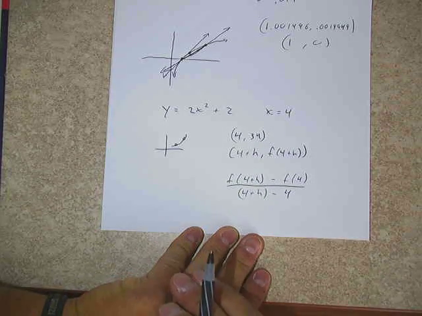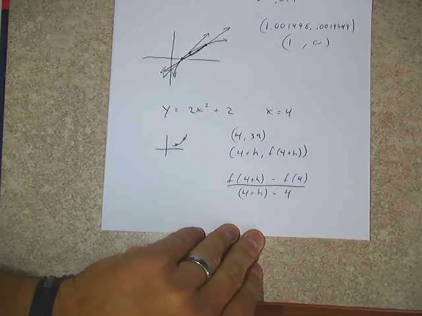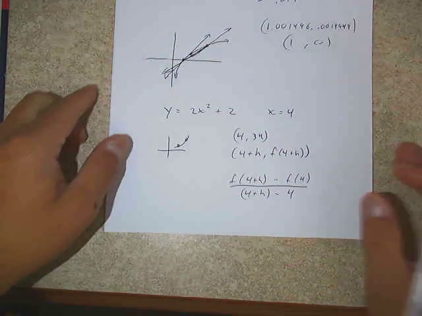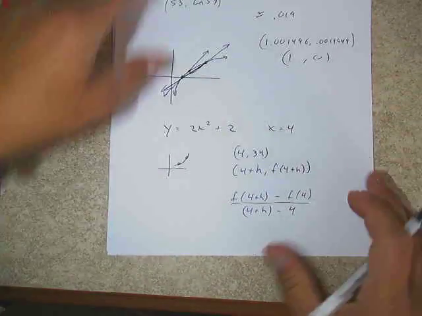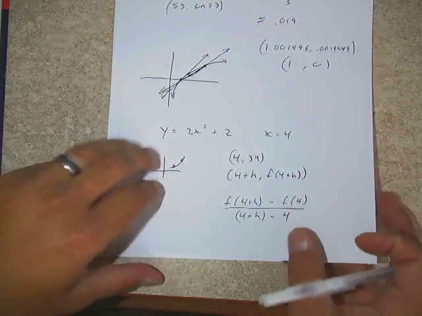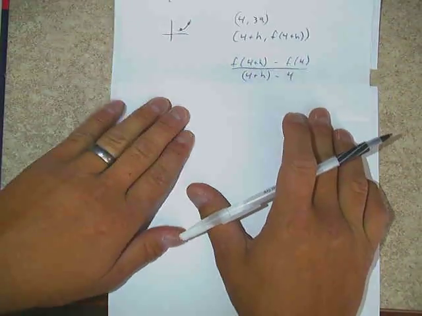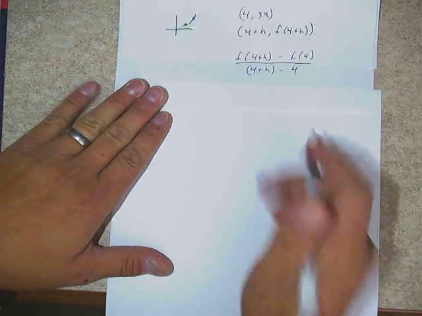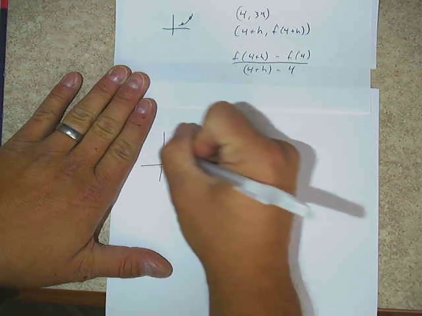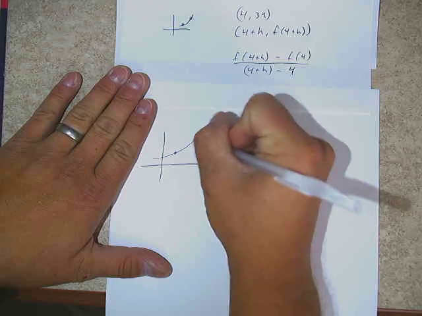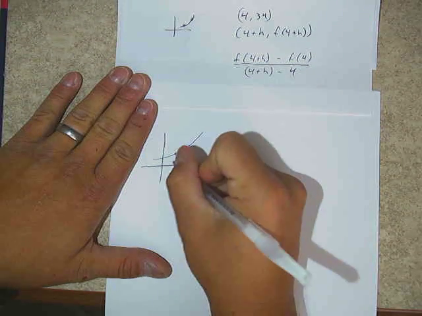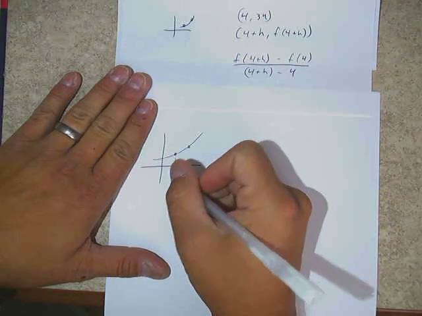But in general, this is the setup that we're going to use for any function at any point. We're going to put 4 plus h in, we're going to put 4 in, get an answer and subtract them. And then on the bottom, we're going to have 4 plus h minus 4. And what's always going to happen on the bottom in a problem like this? The 4's will cancel, and I'm going to have h on the bottom.